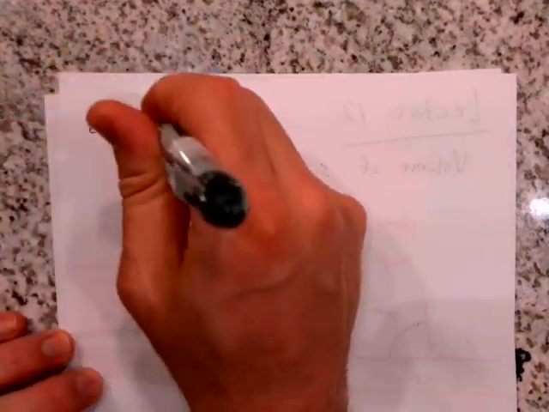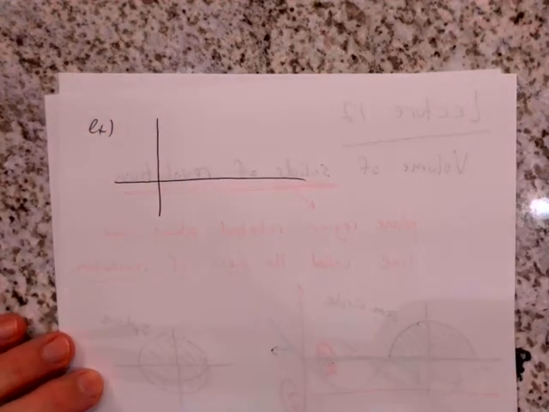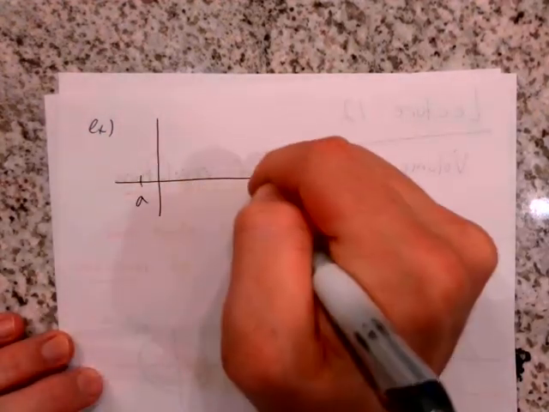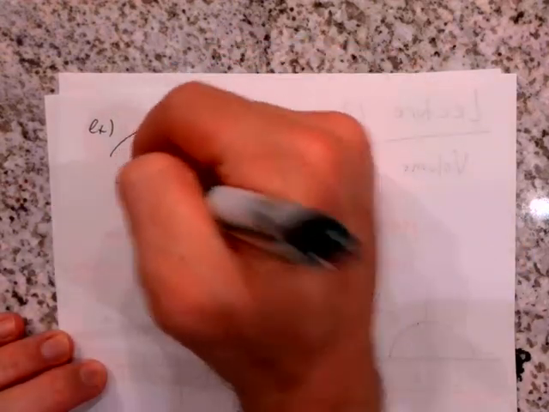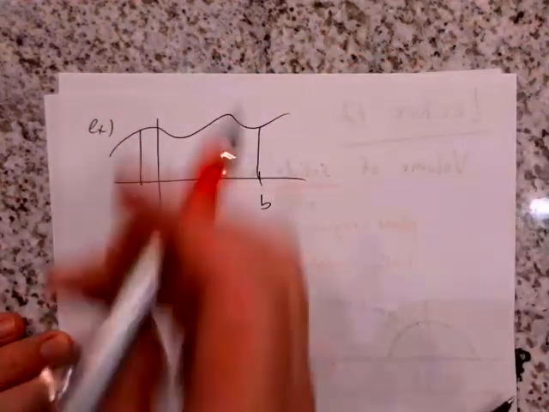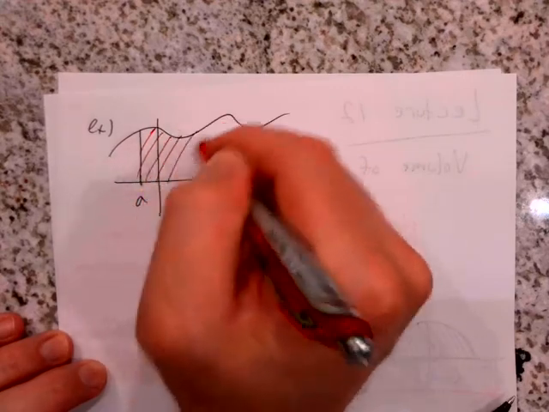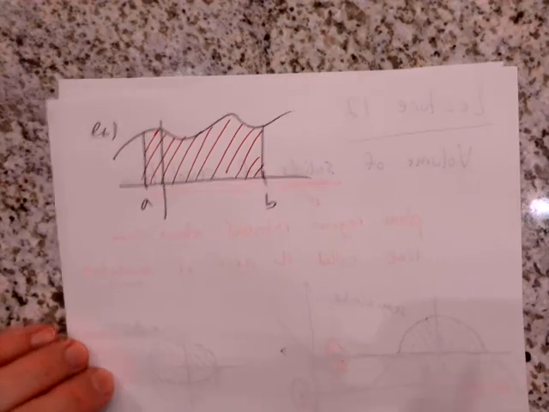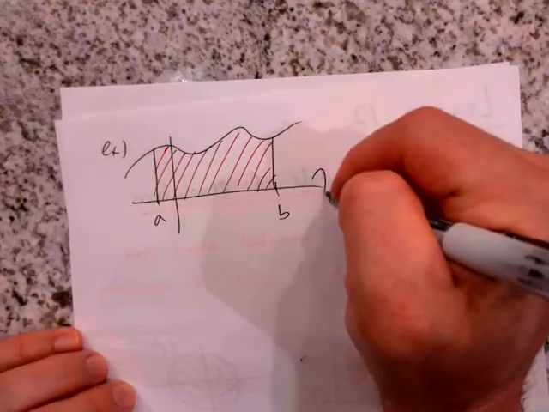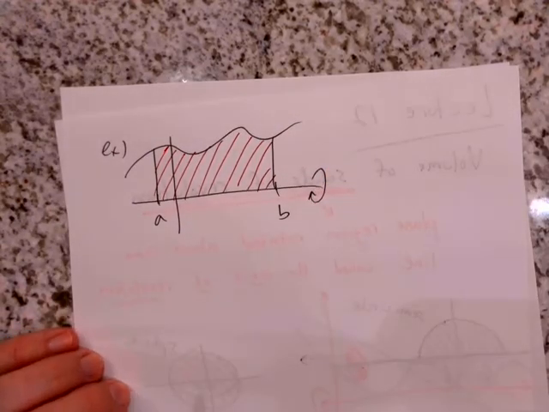So let's, as an example, say we have some region that goes from A to B, and here's the top of it. This is our plane region. And we're going to rotate that about this axis of revolution.